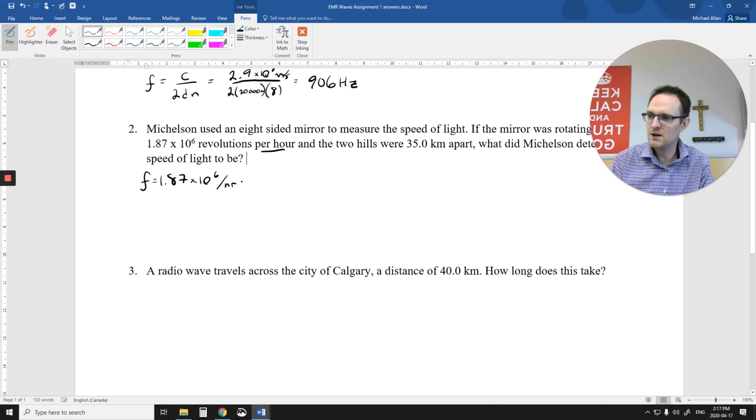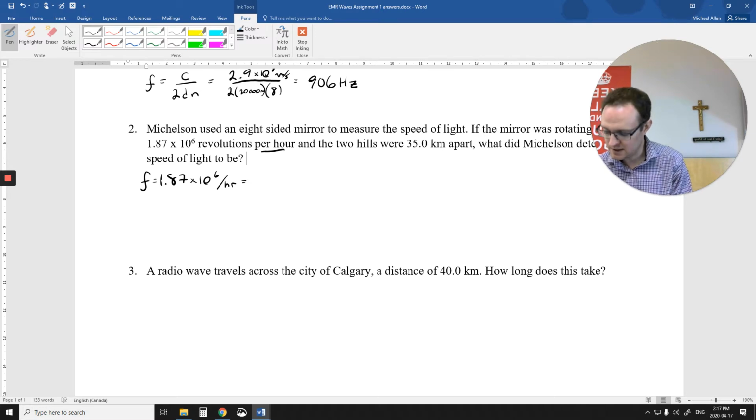Since this is per hour, I'm going to change this to per second. It seems like quite a bit, but that's a whole hour of it rotating. That's a lot of turns that can happen in an hour. So I'm going to change this to per second by dividing by 3,600.